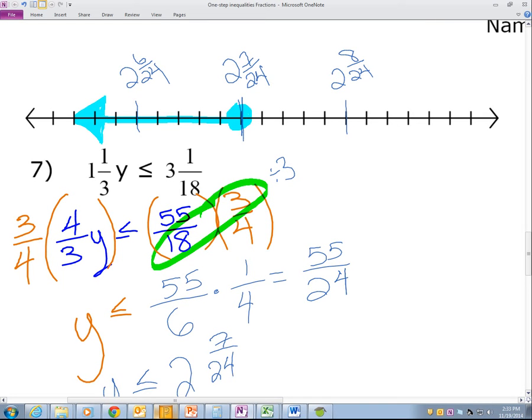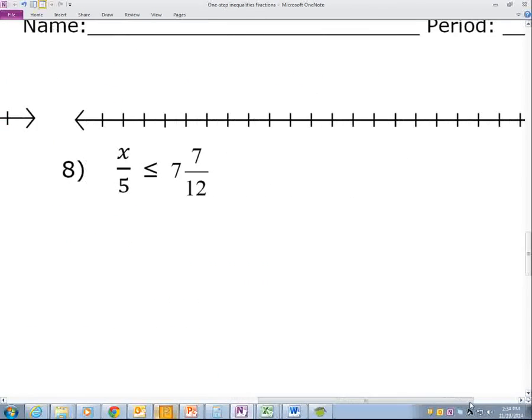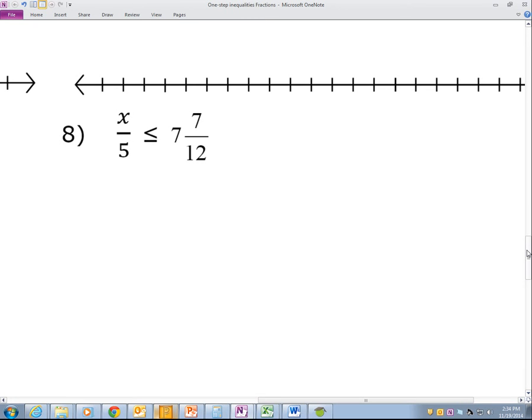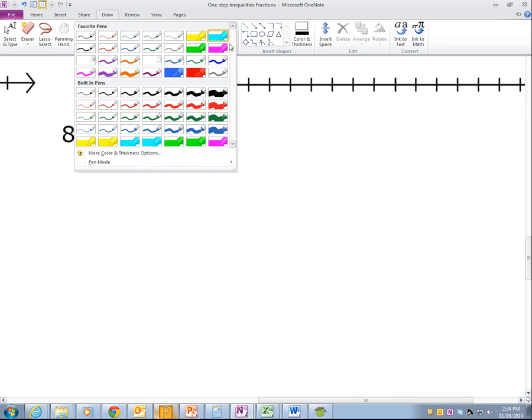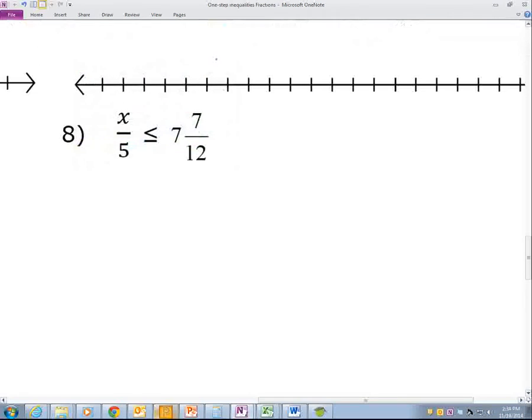Now for number 8, I'm just going to show you what the reciprocal would be because I want to be able to do the next two. To get the variable by itself on this one, I expect you all to finish this before the notes are collected.